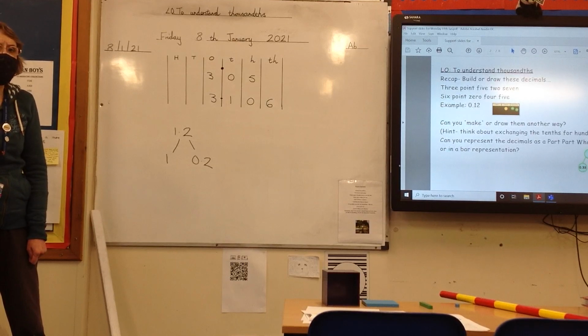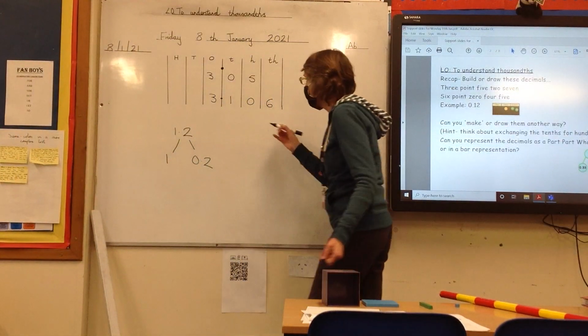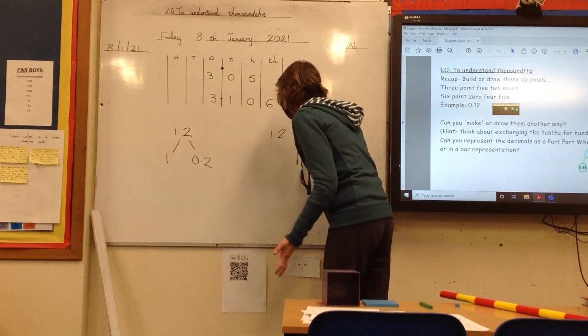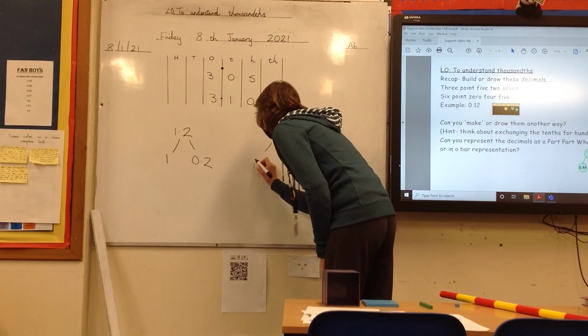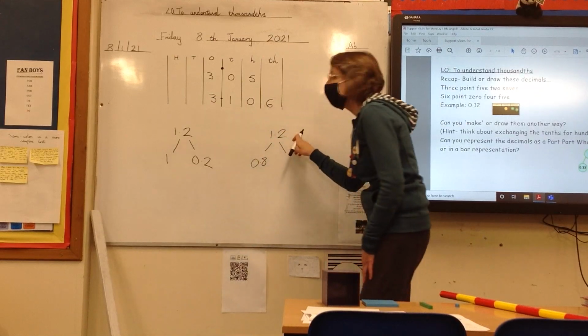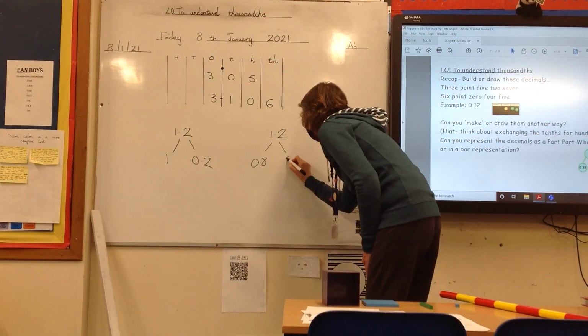Hold up the board as soon as you've done it. Okay, so lots and lots of different ways of partitioning it. That's the obvious one, but you could, for instance, say, well, we could have 0.8, and what else would we need to go with 0.8 to make 1.2? 0.4. 0.4, good.